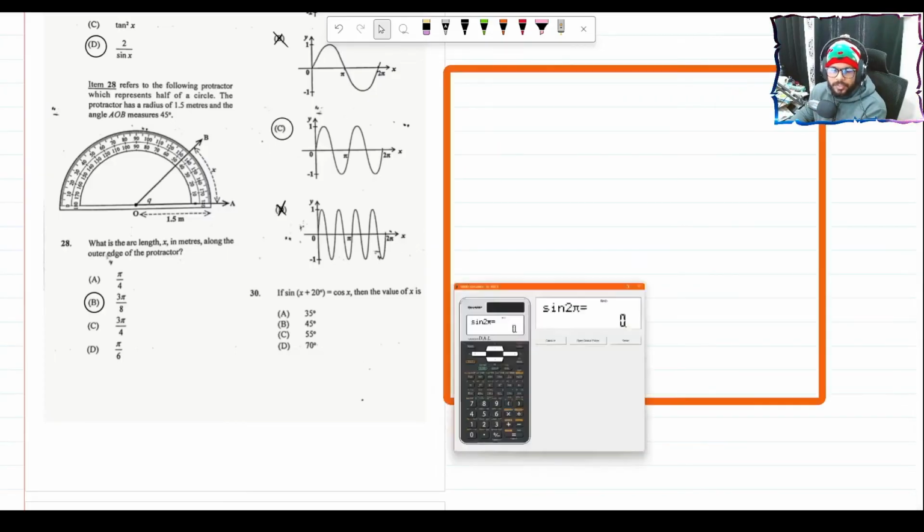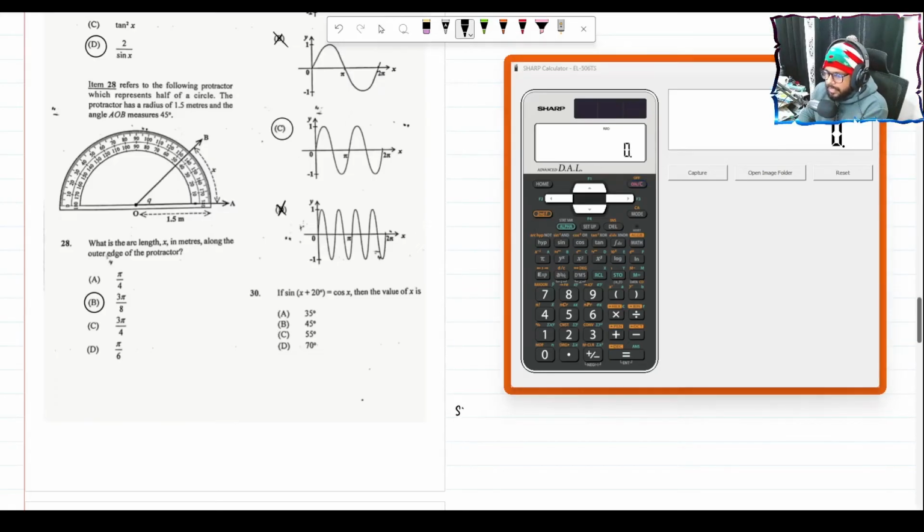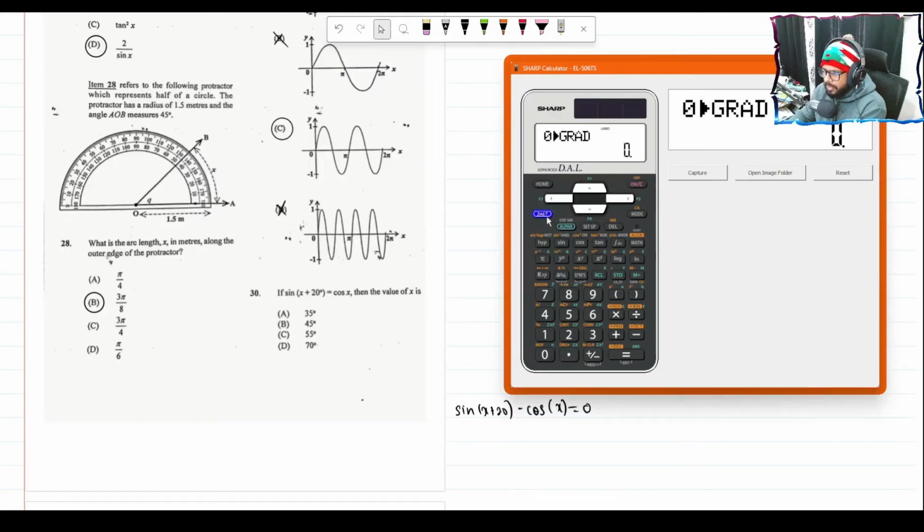So let me check. First, if I move the cosine across, I'm going to get sine of x plus 20, take away cosine of x, supposed to give me 0. And I'm calculating this for each of these angles and seeing which one gives me 0. So I have sine, change your calculator back to degrees, please, guys. Thank you very much. Let me go with 35.